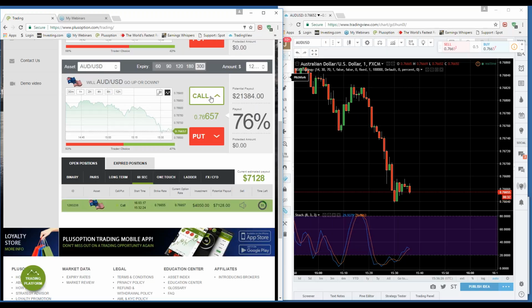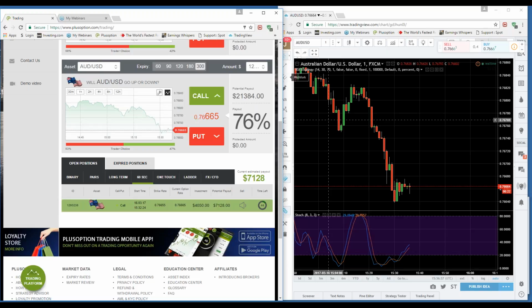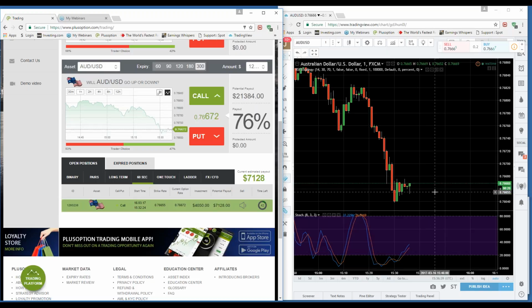This last trade could come down to the wire. This is our level that we're watching for, where the dotted line is.